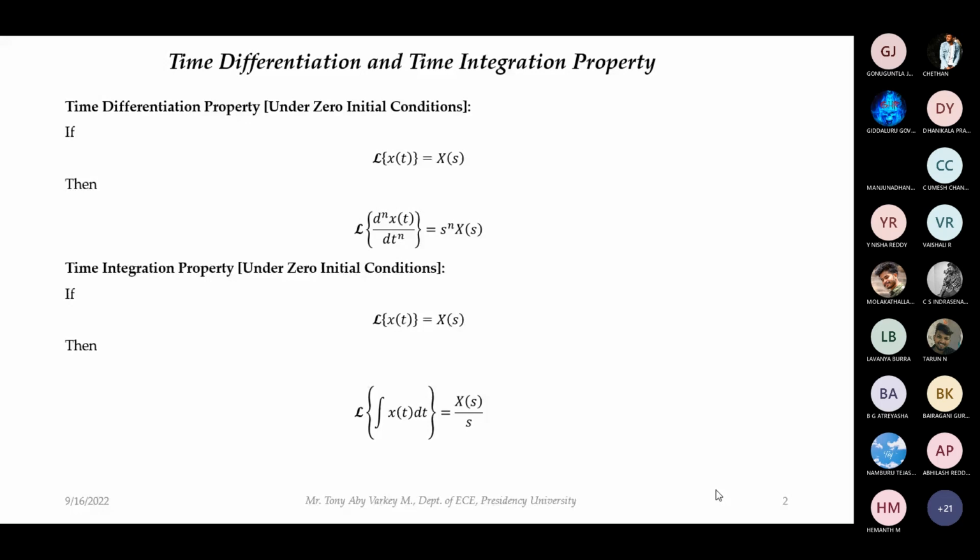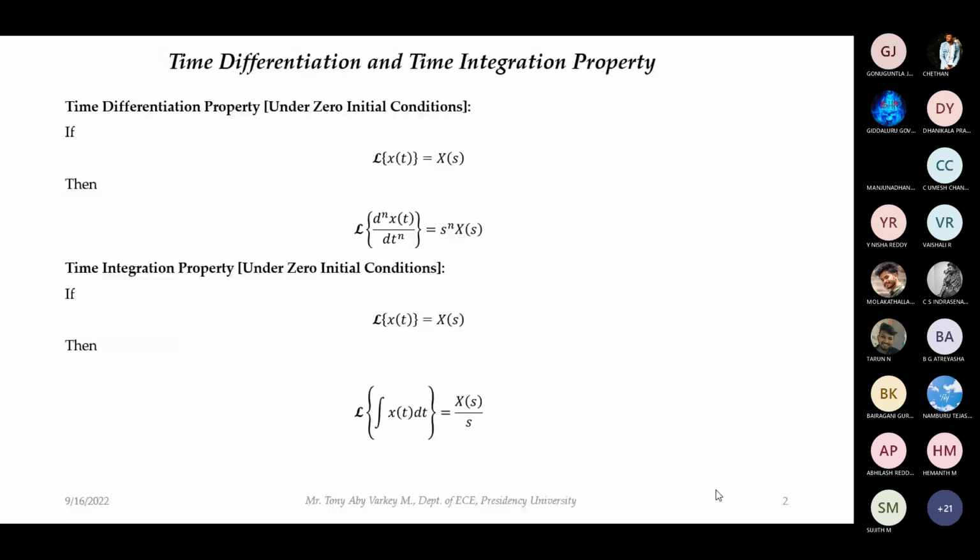Is it clear? These two properties, please remember. Any doubt in this? No, sir. Okay.